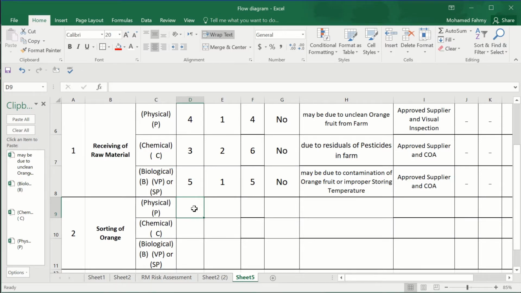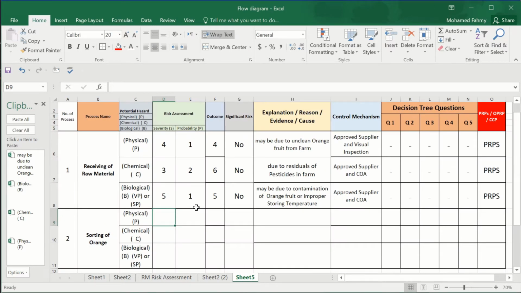Okay, why is the sorting of orange a hazard? We will find here that for sorting of orange, if there is a physical hazard, it will have severity. It means that the bad orange or rotten orange passed from the receiving of raw material process. It isn't controlled by an PRP.